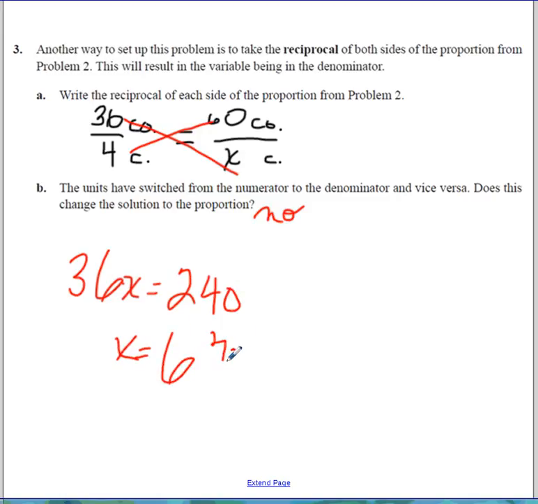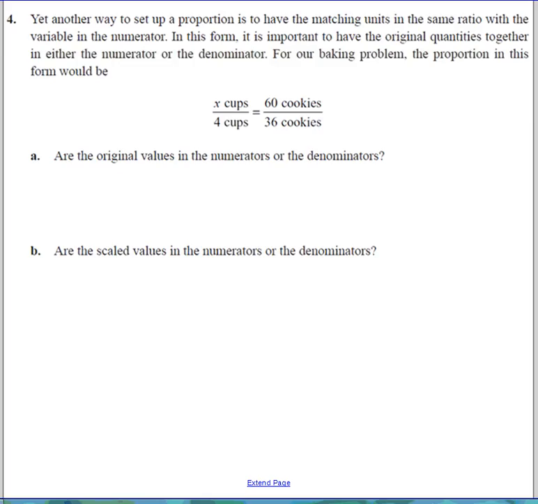I just shortcut that a little bit since we've already done all the math. So it gives us the same solution even if we set it up to have our cookies on the numerator and the cups in the denominator. It's showing us that as long as we're consistent in how we set them up, we will get an answer that makes sense.